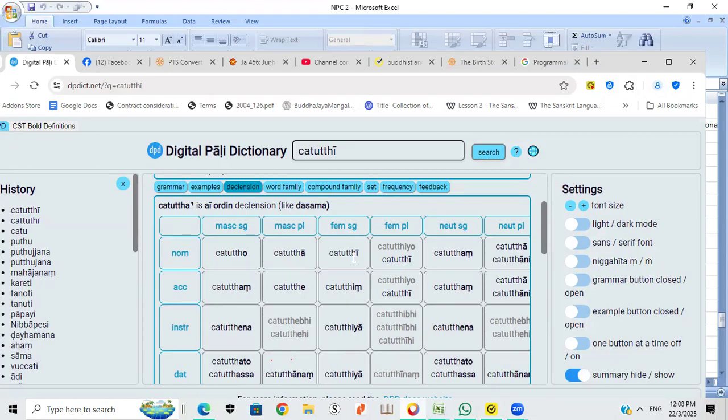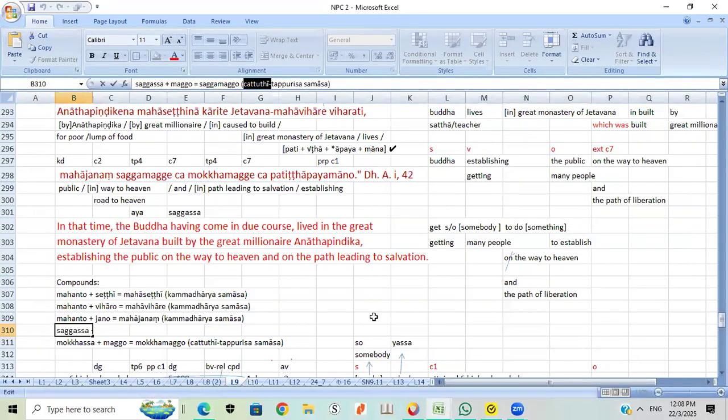Masculine, feminine, the long E. This is the one you are asking. So we cannot remember everything. Always remember the front part, Chatu. From there you work it out. Just now I showed you Chatu is 4. The rest is at the ending. I also cannot remember everything.